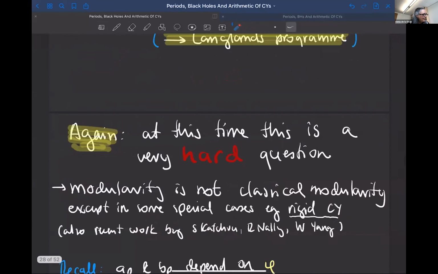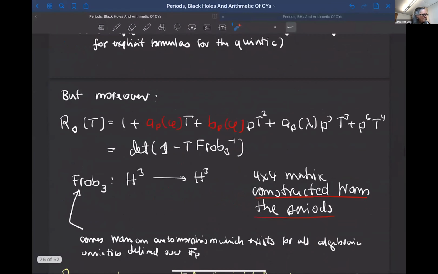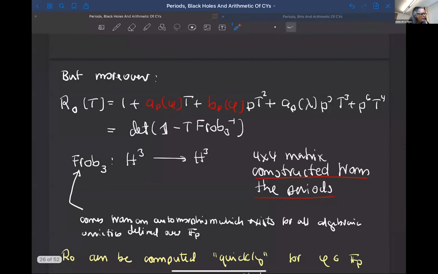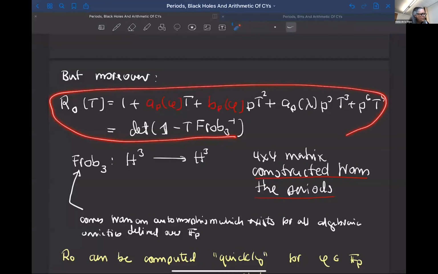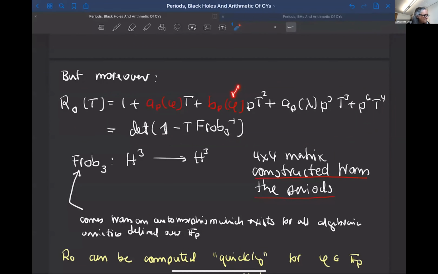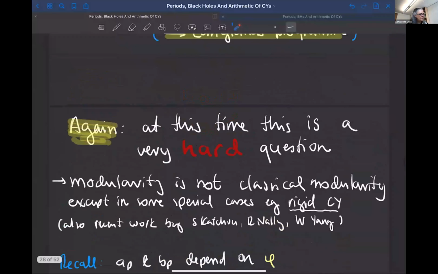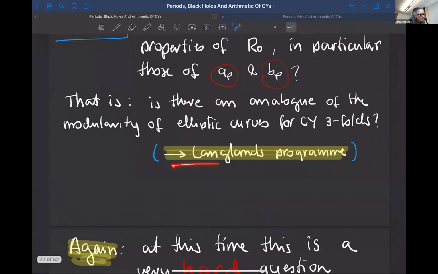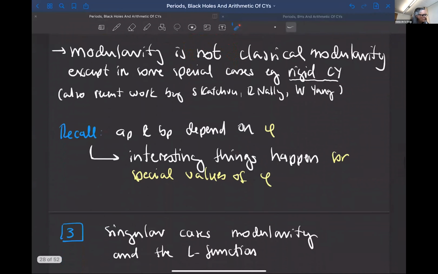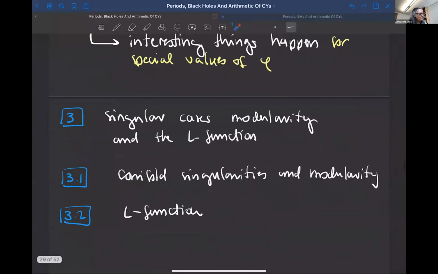As I said, generically, for the smooth values of phi, you have this. But for certain values of phi, something interesting that one can understand might happen, that is not as hard as trying to go into the Langlands problem.